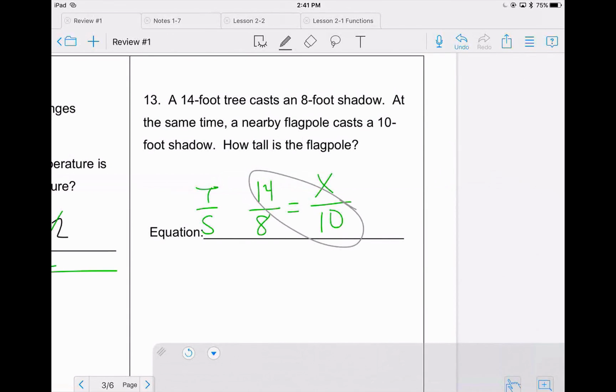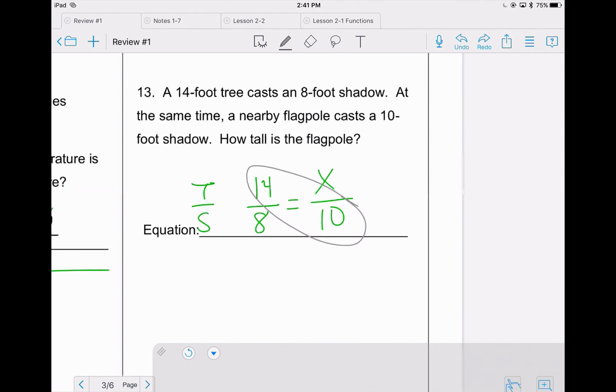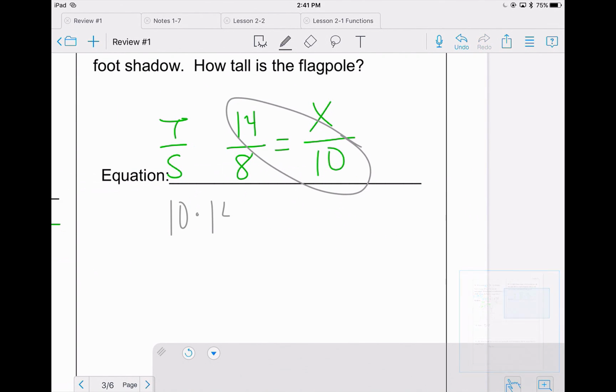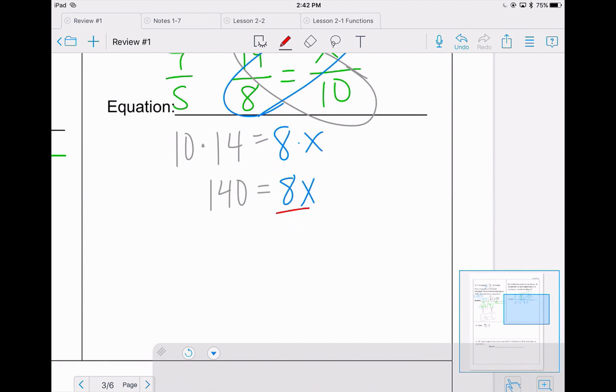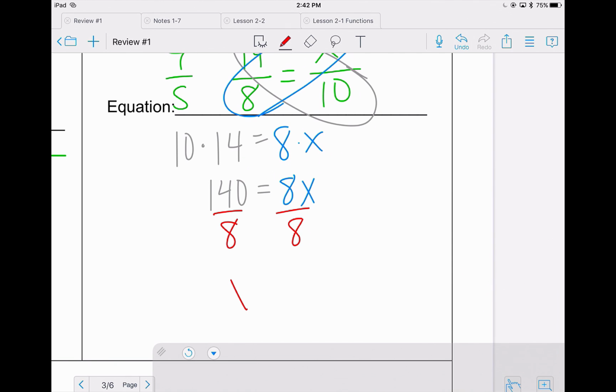So 10 times 14 equals 8 times x. So 140 equals 8x. To solve, I divide both sides by 8, and x equals 17.5 feet.